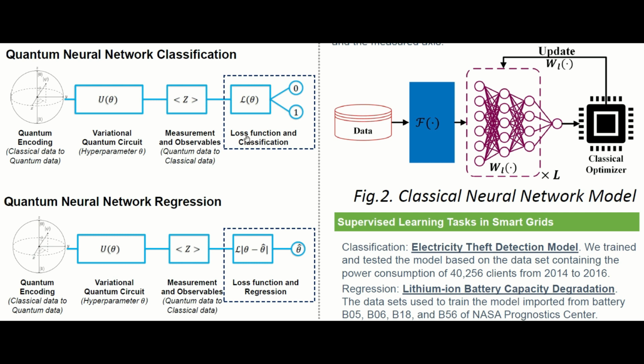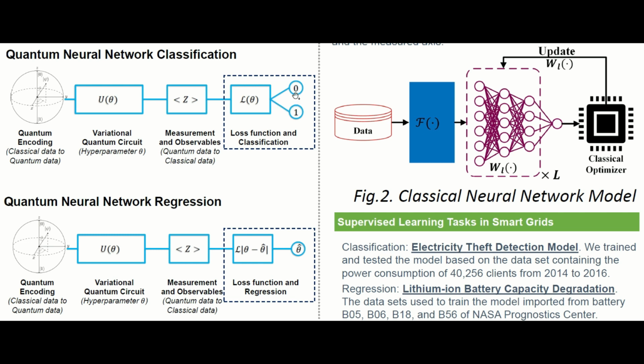So for example, we can construct a loss function based on the classical data after we convert it from the quantum data. In classification, we have to recognize whether the data point is 1 or 0.